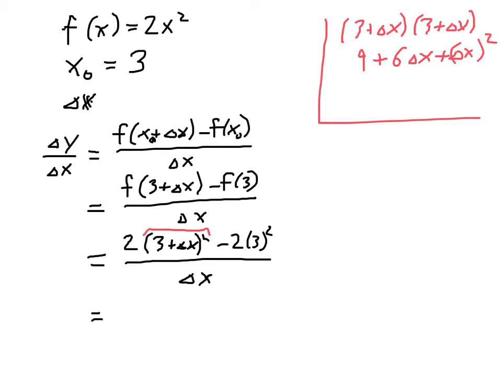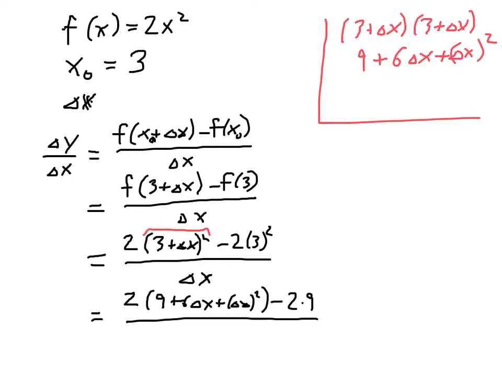Also, when multiplying these two binomials, remember that you have to FOIL it out. So substituting that back in, this will be 2 times 9 plus 6 delta x plus delta x squared, minus 2 times 3 squared, which is 2 times 9, all divided by delta x.